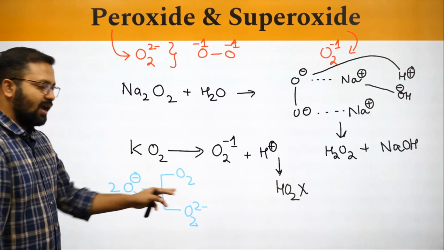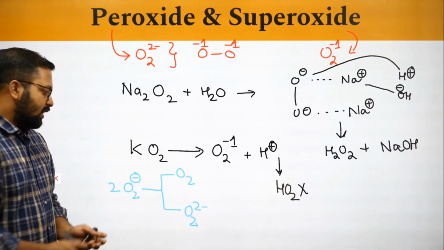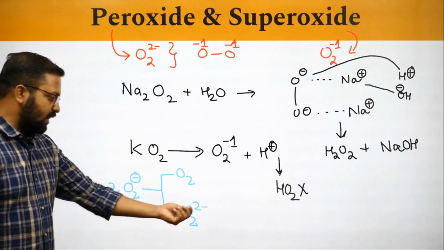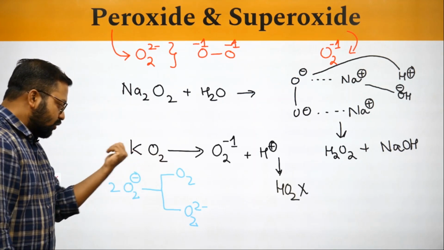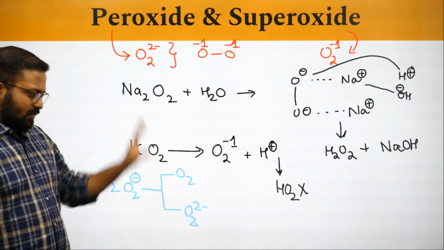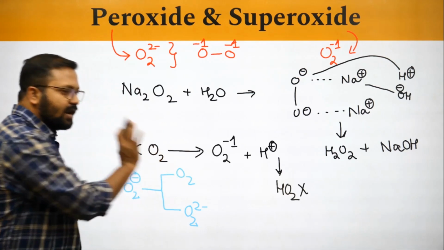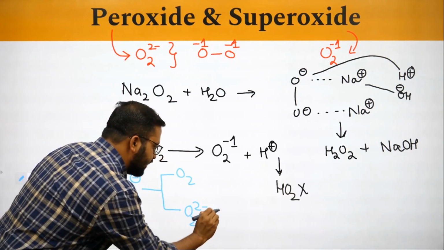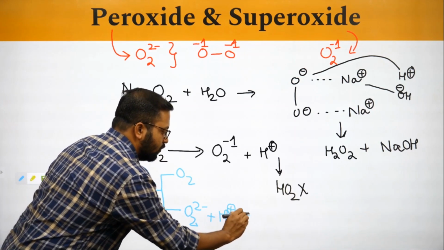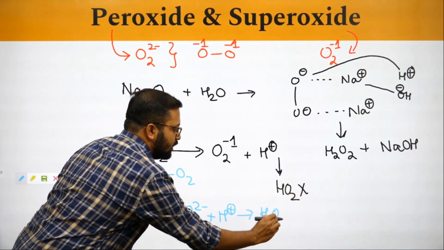It will break into oxide and peroxide. Okay, इन दोनों का देखो बीच का ऑक्सीडेशन स्टेट है -2 और ये 0 है, तो ये -1 पे आ रहा है. So this is what is going to happen. Now this will remain like this, but this will combine with H plus to form H2O2.